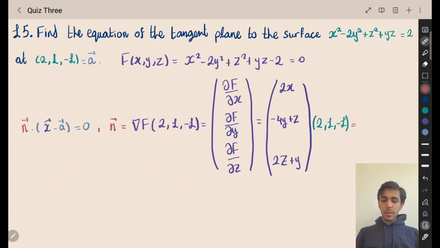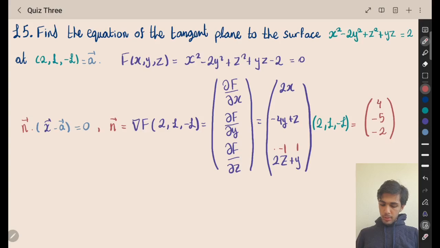Anyway, so when I plug in 2, 1, -1 for x, y, and z, I get 4. There's no x there. And then I get -5, and then -4 times 1, -1. And then finally, I get -2, because this is -1, and then I'm adding 1. So -2 plus 1 is... see?